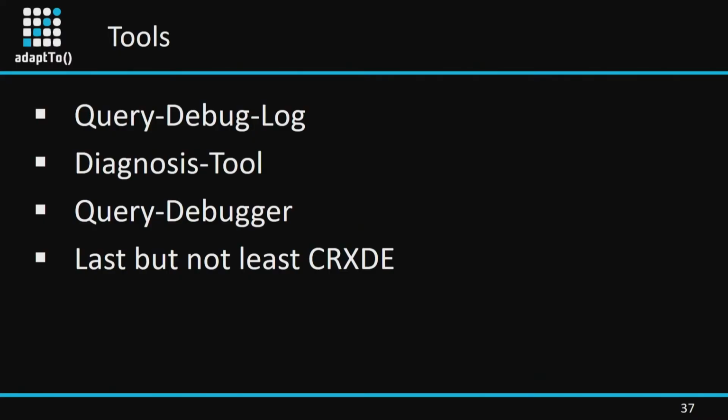Finally, some hints for the tools we have used. At first, there is the query debug log. It's a kind of configuration for special logging for all the query implementation packages of OAK.